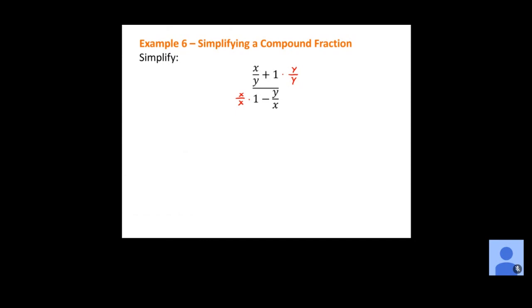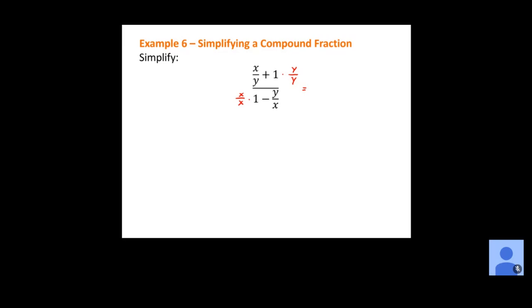All right, now once I do that, what am I going to have in the numerator then? Okay, good. There's a y over y in place of the 1 now.